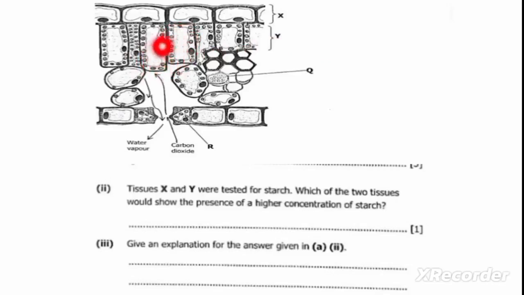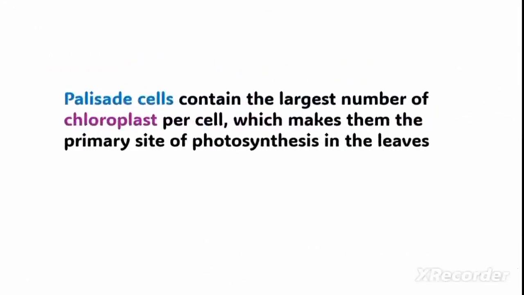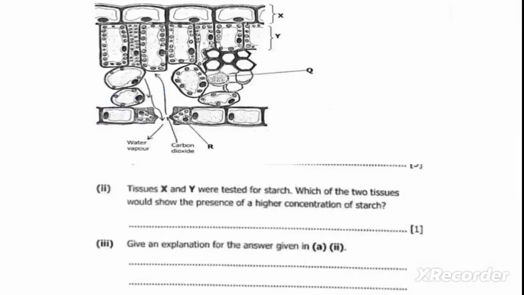And we know that photosynthesis is the process that leads to production of starch. So before we write our correct answer, palisade cells contain the largest number of chloroplasts, which makes them the primary site of photosynthesis in the leaves. So therefore, we are going to say tissue Y.